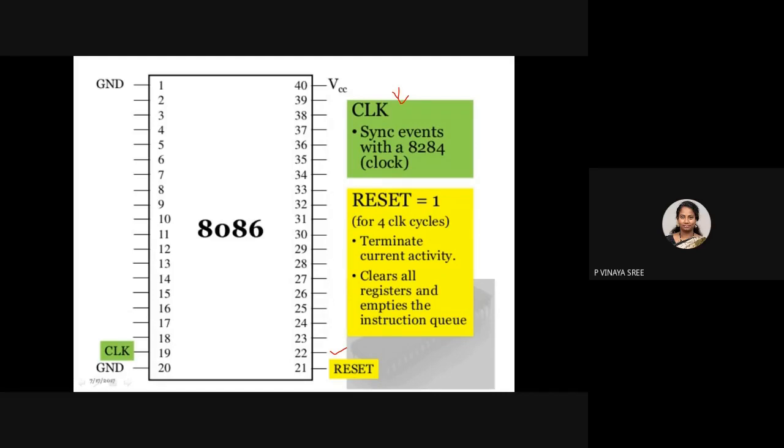If reset is high, all the internal registers will be cleared, and it restarts with a new value when it starts a new program. By default it activates internally for 4 clock cycles. Whatever registers we have, like the flag register, segment registers, offset registers and the instruction queue, all will be cleared when this is active.